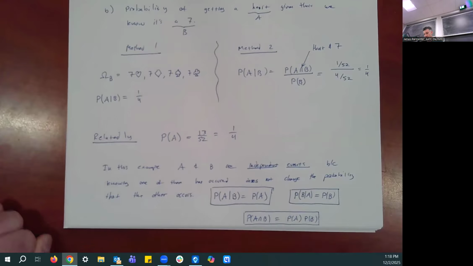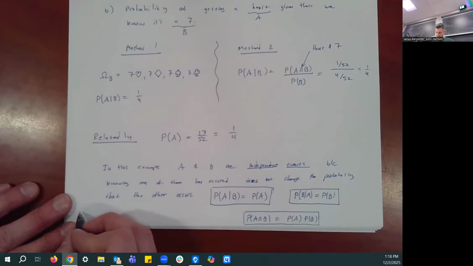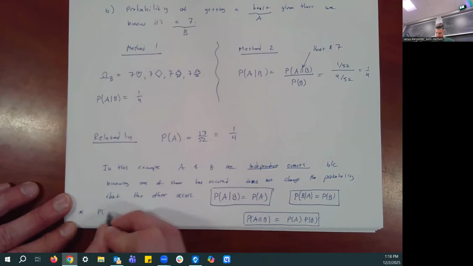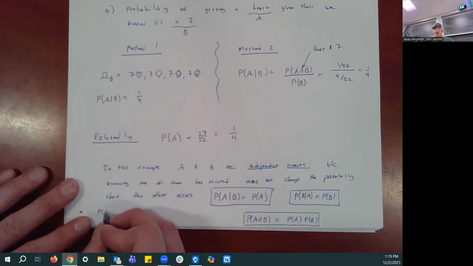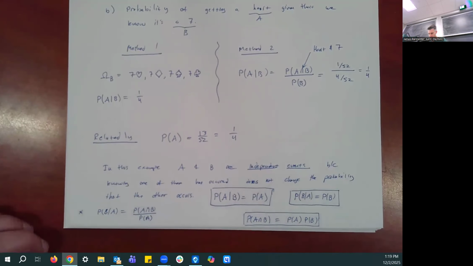Because they're really all coming from the formula that the probability of B given A is equal to the probability of A intersect B divided by the probability of A. Apologies.